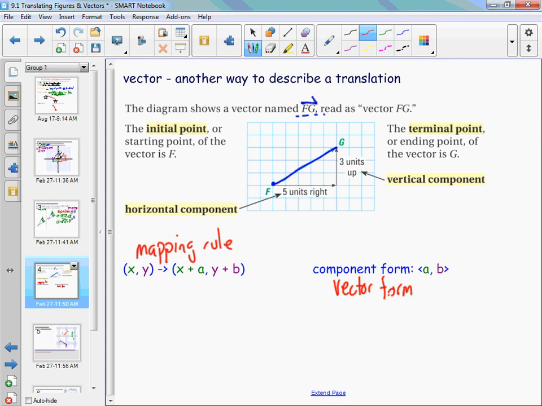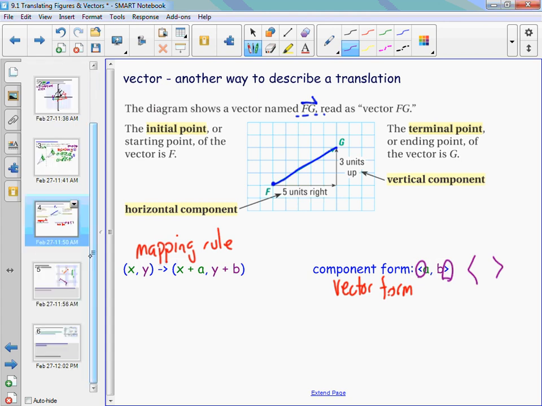So what is a, the change in the horizontal, and b, the change in the vertical? Notice you need to use the pointed brackets here. They look like the less than and greater than symbols. If you don't use the pointed brackets and they're rounded, they are parentheses, and you're talking about a coordinate point and not a vector.